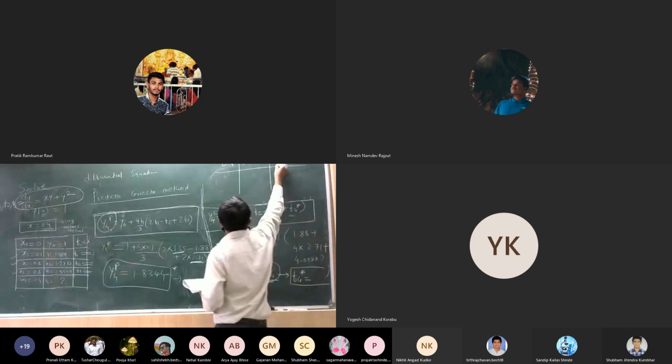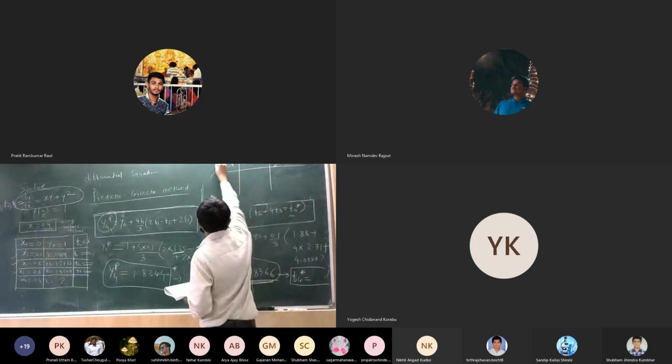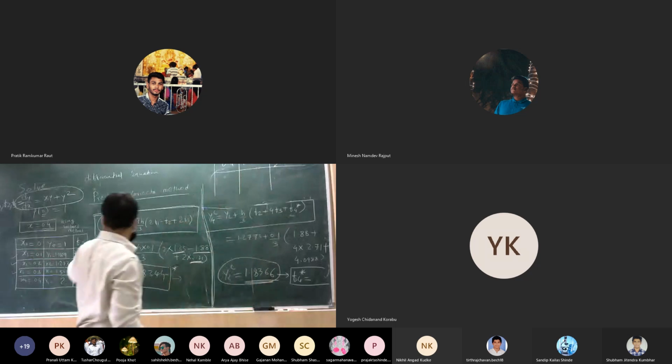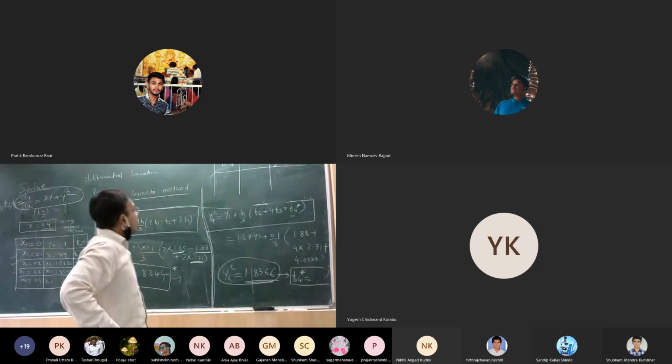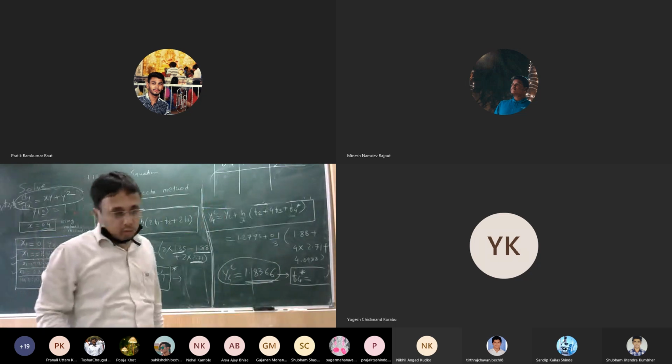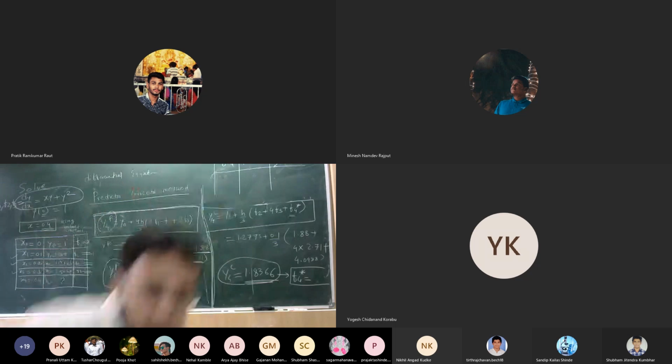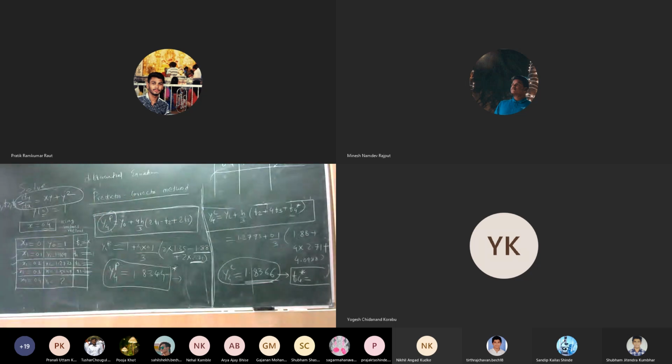So Y4 predictor using this value. Initially it was taken by using the corrector value. The corrector value we calculated was near about 1.83, 1.8386.